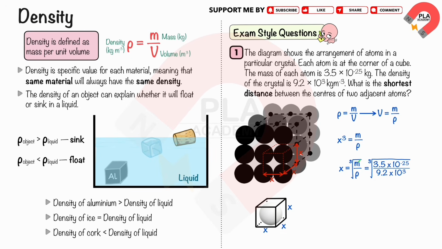Substituting m equals 3.5 times 10 power negative 25, and ρ equals 9.2 times 10 power 3, we solve for x like this. Then the shortest distance x equals 3.4 times 10 power negative 10 meters for two significant figures.